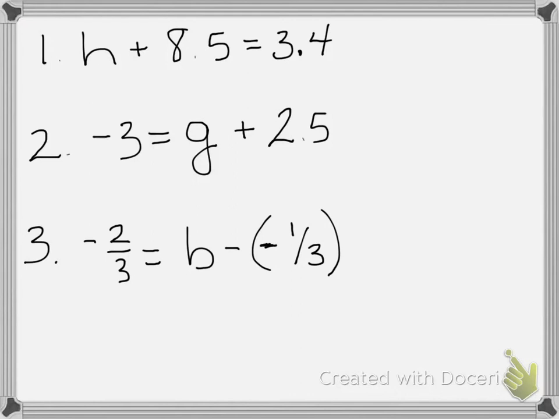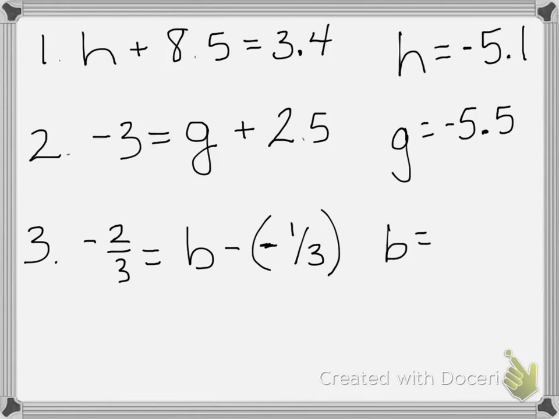Okay, I'm going to go ahead and give you the answers. Hopefully you tried these. H is equal to -5.1. There's a point in there. It doesn't look like it. Okay. And G is equal to -5.5. And B is equal to -1.